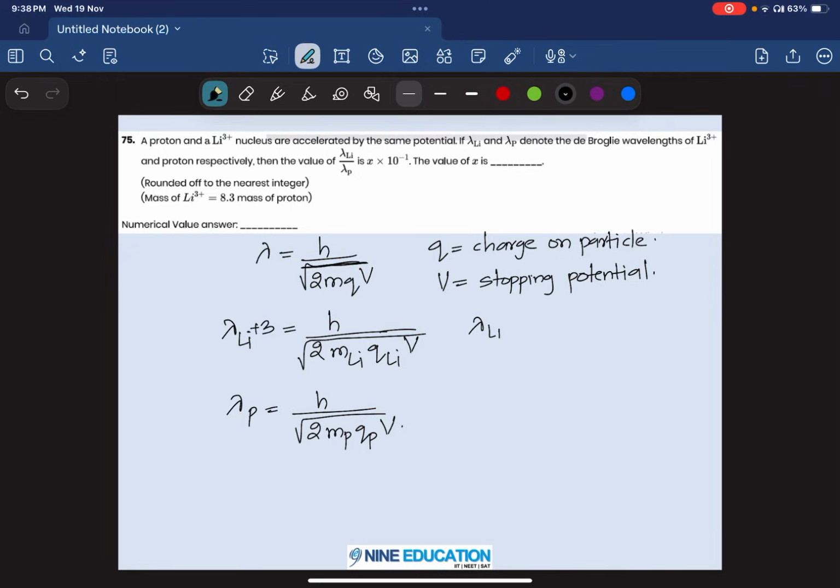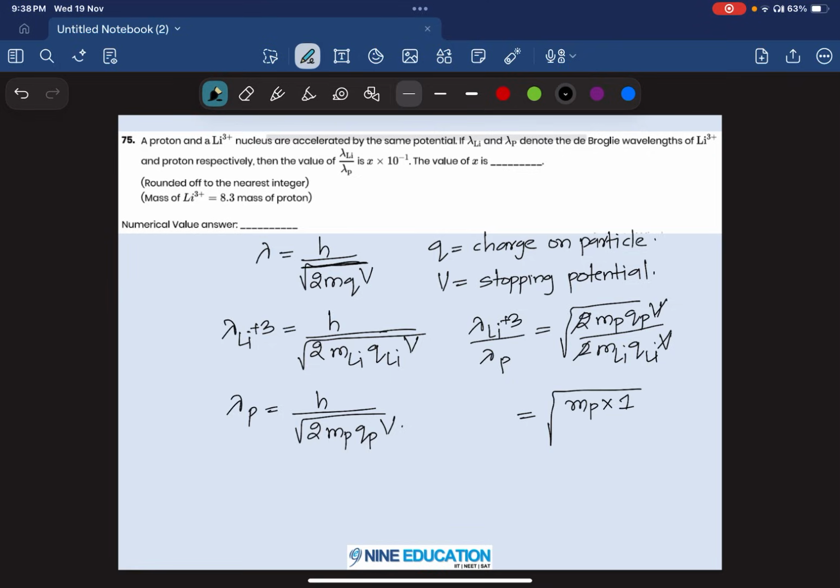So lambda lithium plus 3 by lambda proton is equal to under root 2 into m proton into q proton into v divided by 2 into m lithium into q lithium into v. The v and 2 get cancelled, and you need to just calculate the mass of proton.